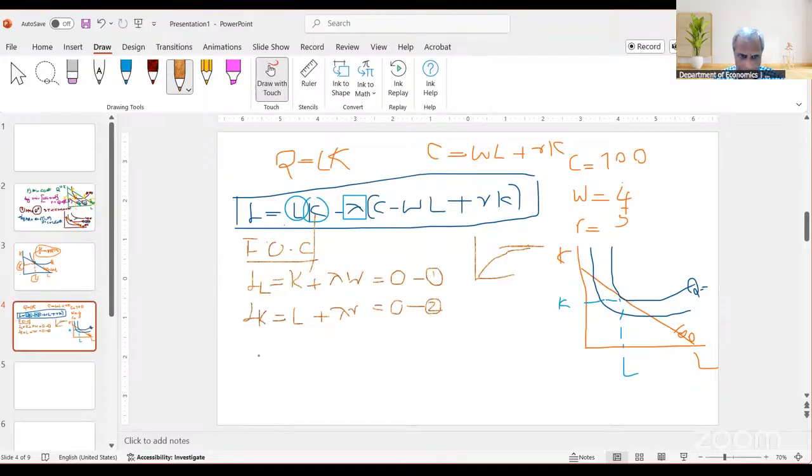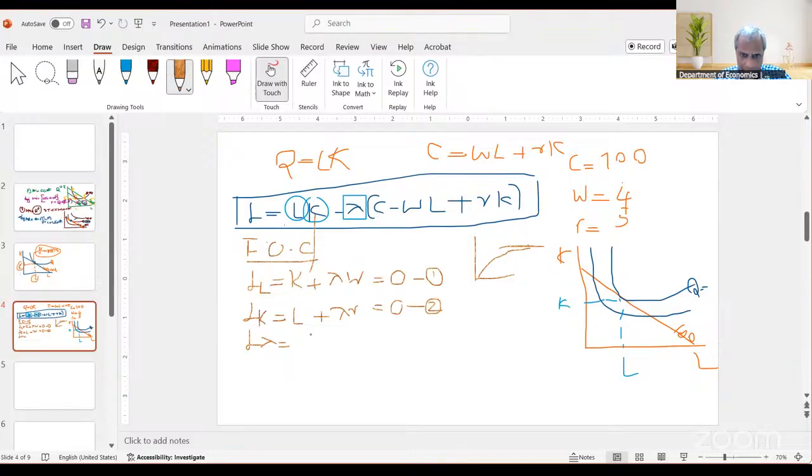And also lambda we don't know, so we have to differentiate with respect to lambda. Lambda here basically means that to increase an additional unit of output requires an additional amount of budget. So it's a shadow price.